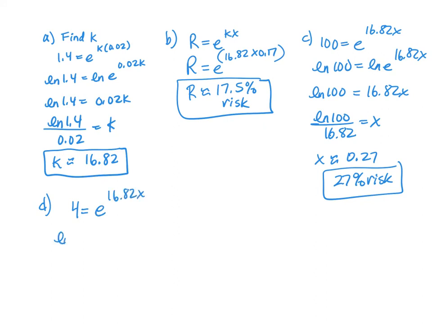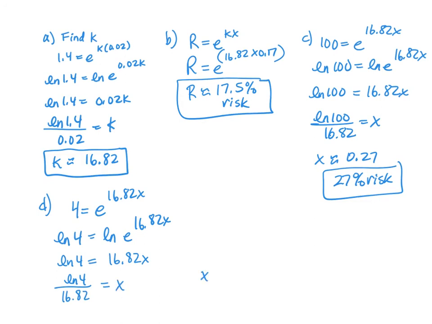We solve that. ln both sides. So ln 4 is equal to 16.82x. So ln 4 divided by 16.82 is equal to x. If we plug that in our calculator, we get about 0.082, which is 8.2%.